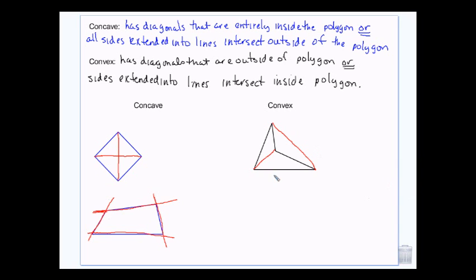Whereas if I'm convex and I were to extend lines out, let me draw another convex. Okay. See how all my lines are outside? Here, my lines are crossing inside the shape. So these two are staying outside, these two are staying outside, but these two have gone inside the shape.